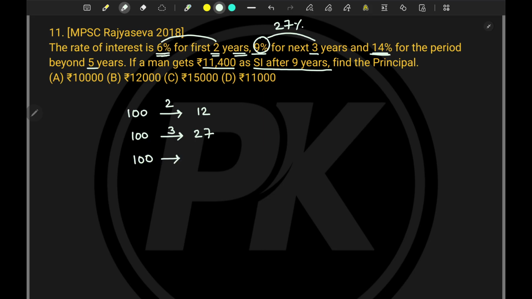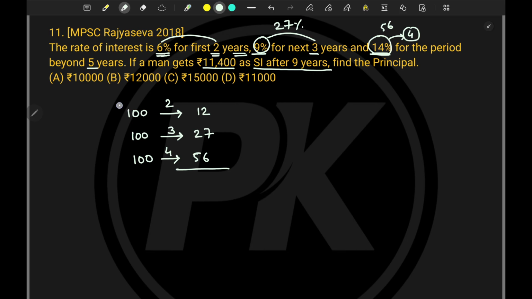Again, for the remaining period, we have already crossed 5 years, and beyond 5 years till 9 years, that means for the next 4 years, the interest is at 14% for 4 years. That means 14 fours are 56. So 56 is the simple interest.